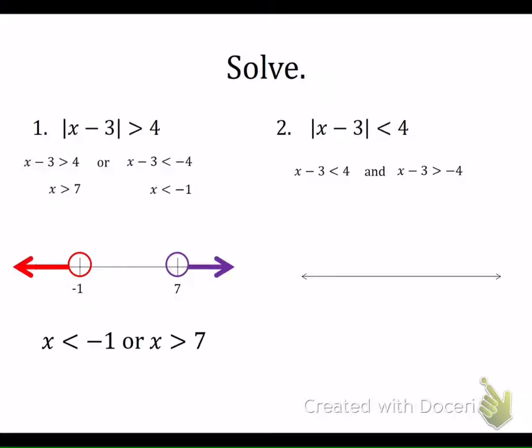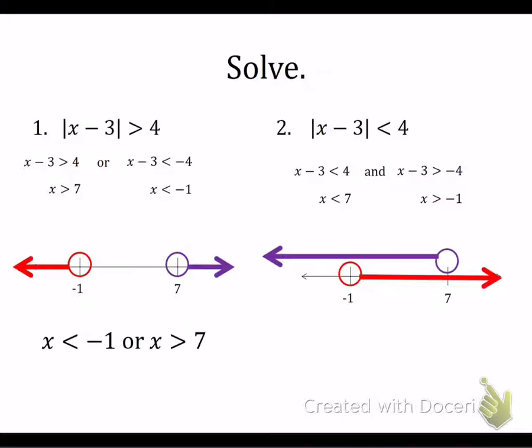So, what do I do? Add 3 to both sides. And add 3 to both sides. When I graph this, I want the x's that are less than 7 but greater than negative 1. I'm going to do it old school.